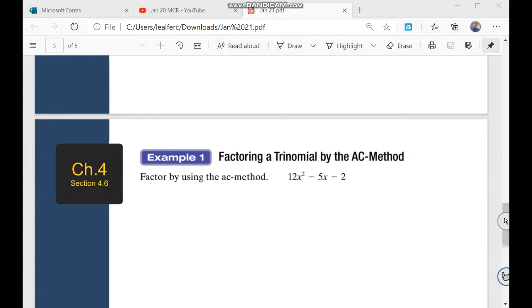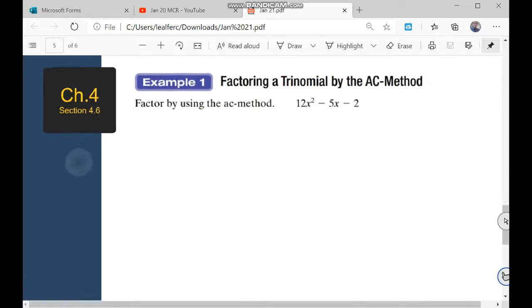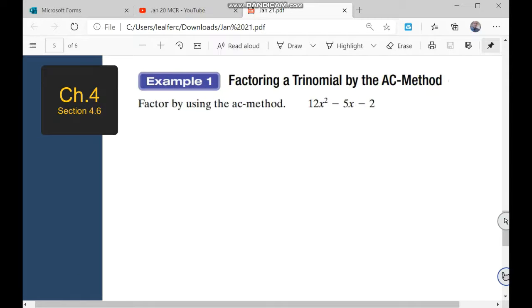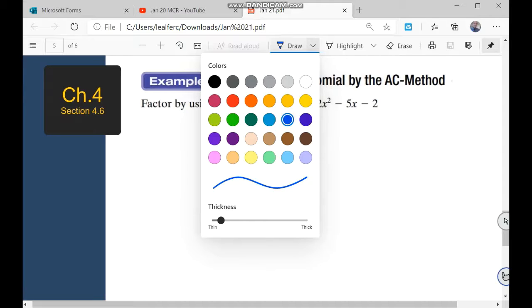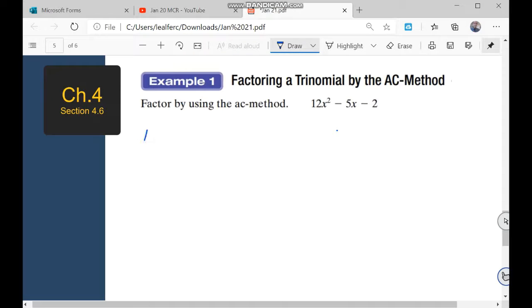Let's work on an example. It's much better to understand when we apply this step by step on an example. So let's see this example. We have 12x squared minus 5x minus 2.